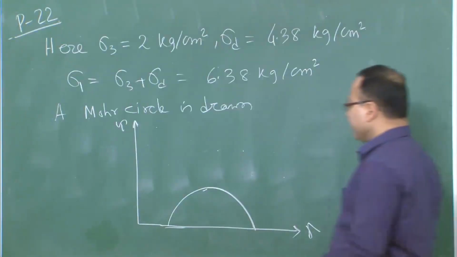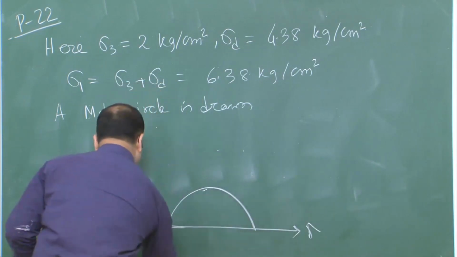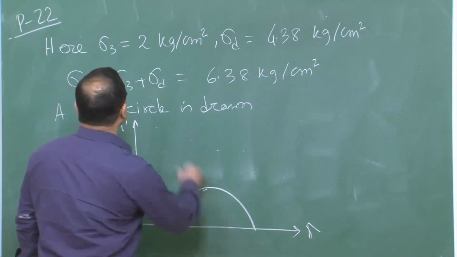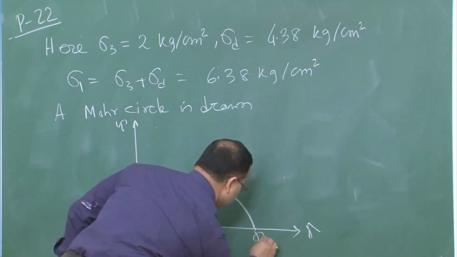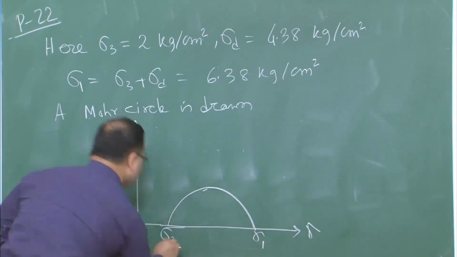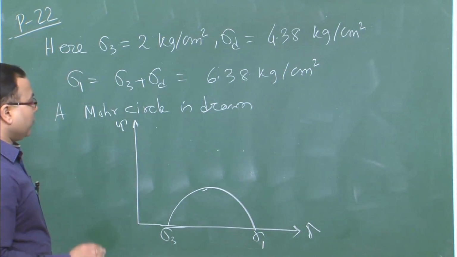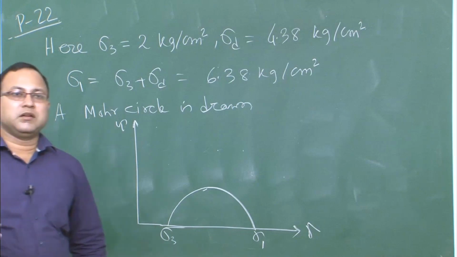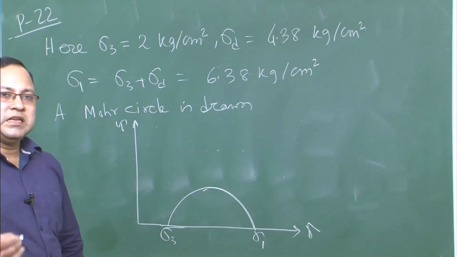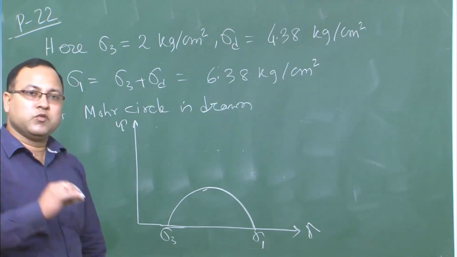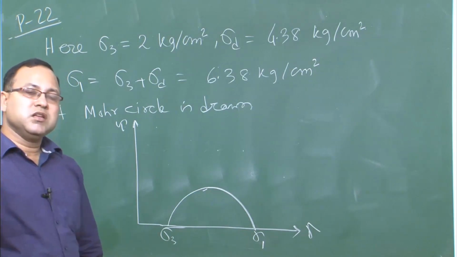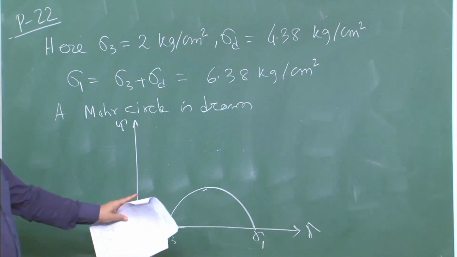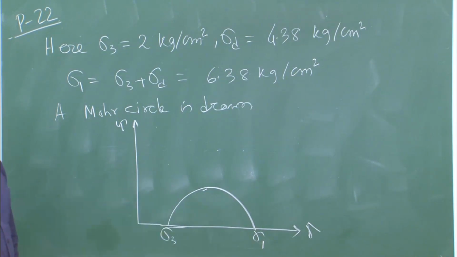Now this is the Mohr circle, this is your sigma 1, this is your sigma 3. Now, one thing we have decided, because you are using the dry coarse sand, therefore, C is 0. So, the Mohr Coulomb failure envelope will pass through the origin, and it will be tangent to this Mohr circle.